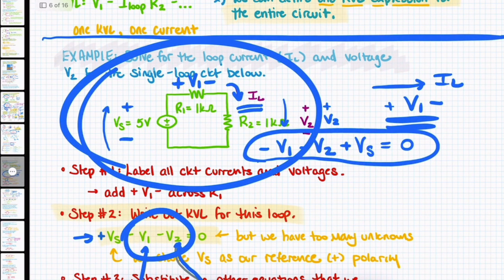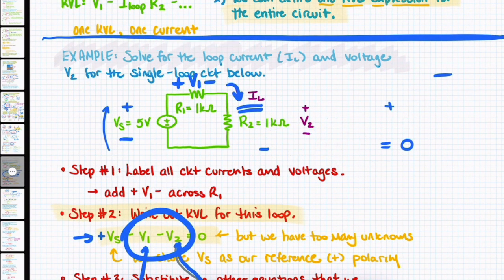So let's take a look here for 1 second, because I want to provide a little bit of background as to what this equation is referring to. We have a single loop. All of these elements are in series with one another, which means that we can combine resistors together.